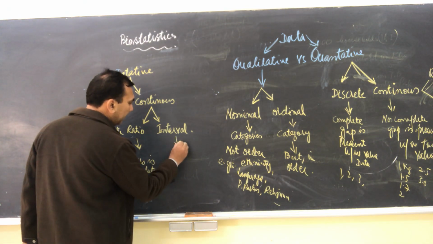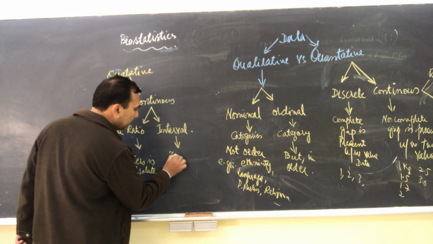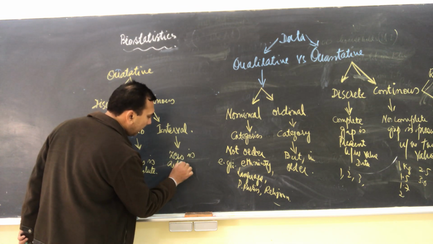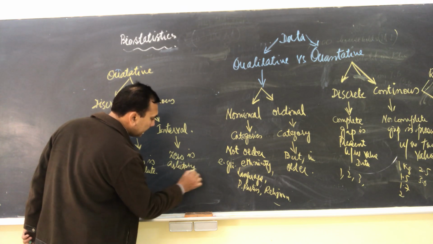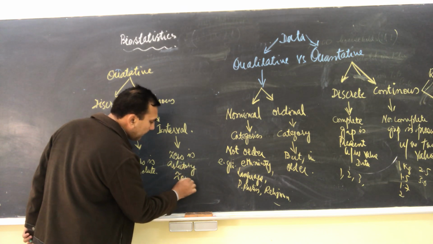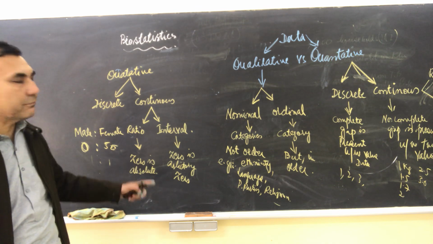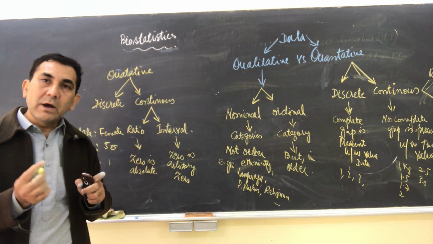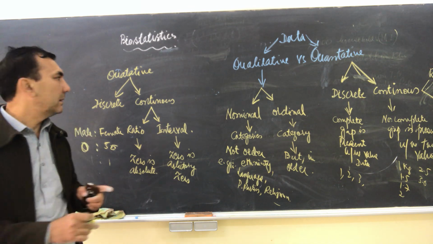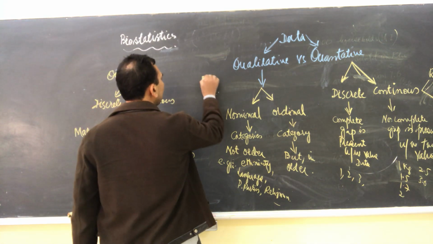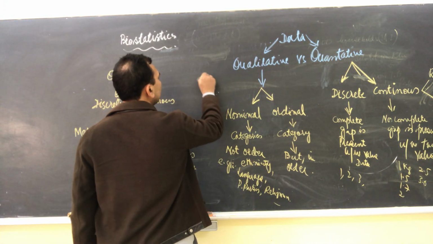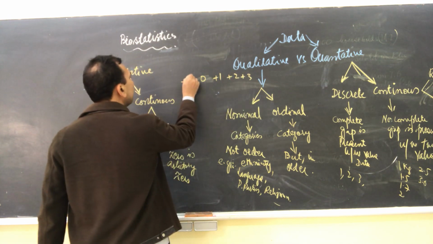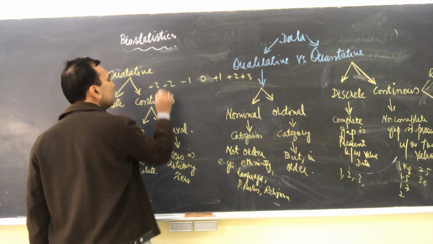Now in the interval, the zero is an arbitrary zero. Arbitrary zero means the zero is there, but zero has some value. Like in temperature, if you see 0, plus 1, plus 2, plus 3, minus 1, minus 2, minus 3.